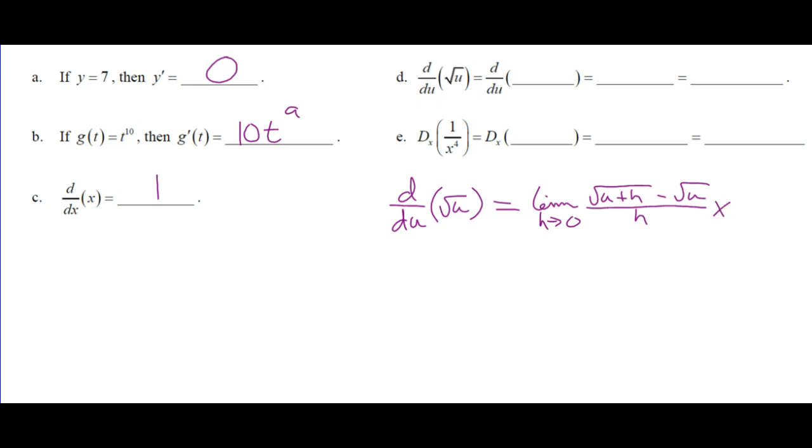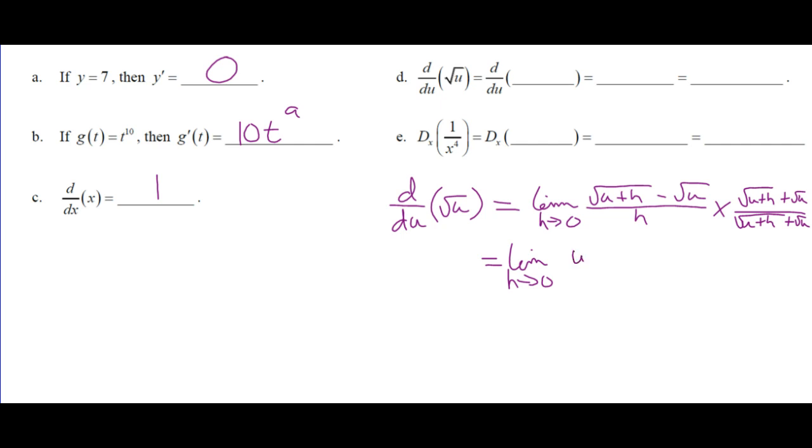Okay, so what are we going to do with that? We're going to multiply it by root u plus h plus root u over root u plus h plus root u. So we're going to rationalize the numerator, hoping to get an h out of there, which will cancel with the h down there. So equals the limit as h approaches 0 of, okay, what do we got?